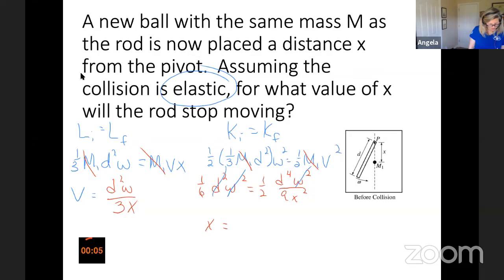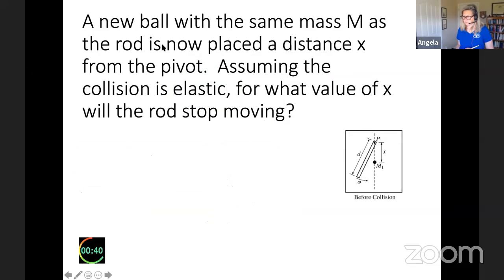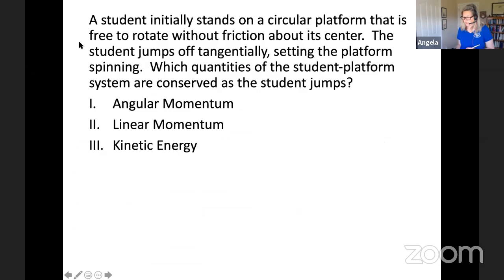Okay, so it would be d squared times 6 over 18. Is that right? d squared over 3. Oh, that's x squared. So x is d over square root of 3. All right. Rotation's not easy, is it? Try this one.